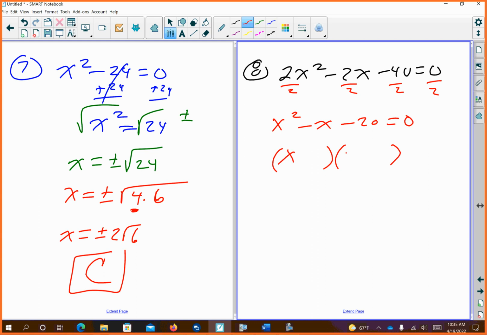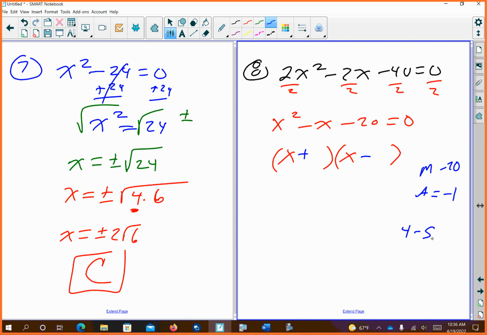So I get x and x. And I want to figure out what two numbers multiply to give me negative 20. Well, that means I have to have alternating signs then. And add to give me negative 1. So what factors of 20 are 1 apart from each other? 4 and 5. Which one has to be negative in order, when I add 4 and 5 together, to give me a negative 1?